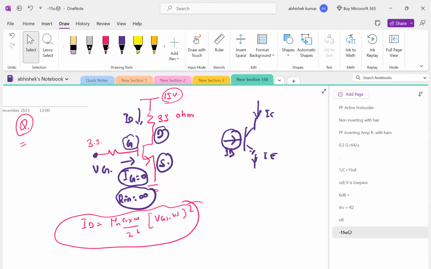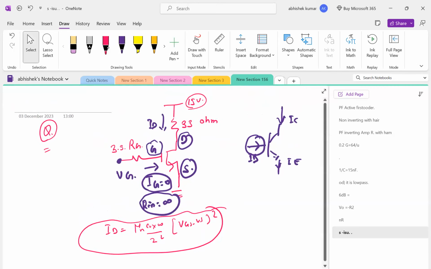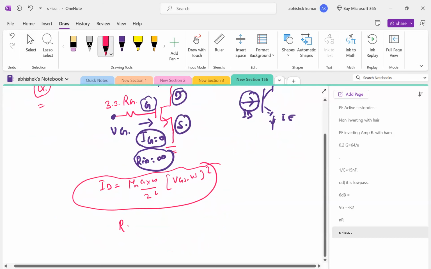Add a resistor between the gate and the 3.3 volt logic signal to limit the current flowing into the gate. A value between 100 ohms and 10 kilo ohms would be suitable. They are telling you that you can have the RG value from 100 ohm to 10 kilo ohm. One second, I'm not there. Let me.